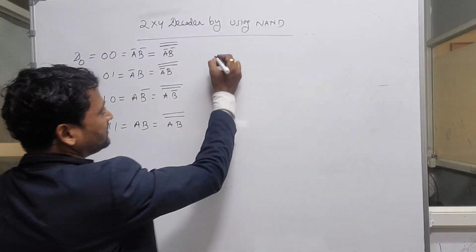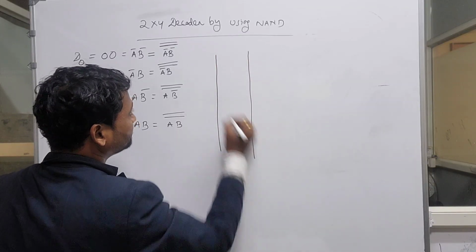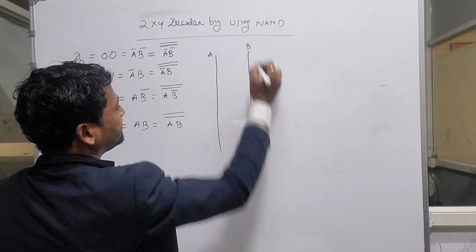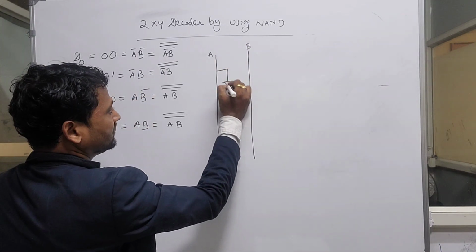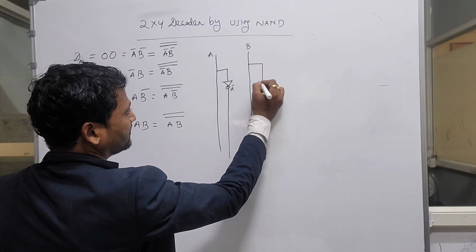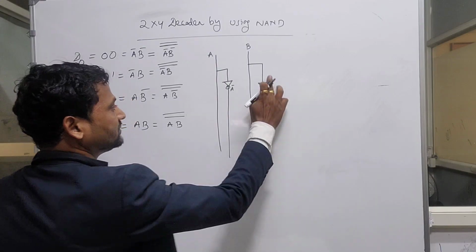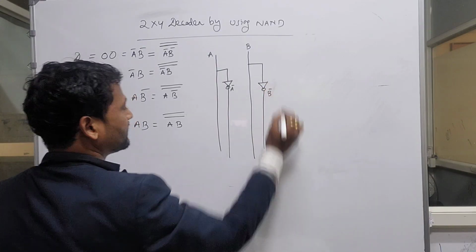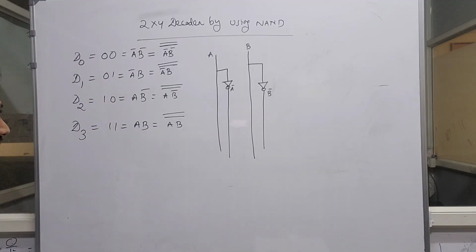So how to design it here? We can take A and B, these are the inputs, and this is your A bar and this is your B bar. We need D0, D1, D2, D3.